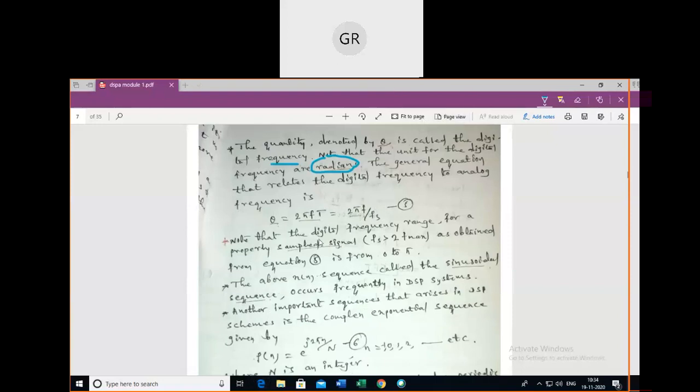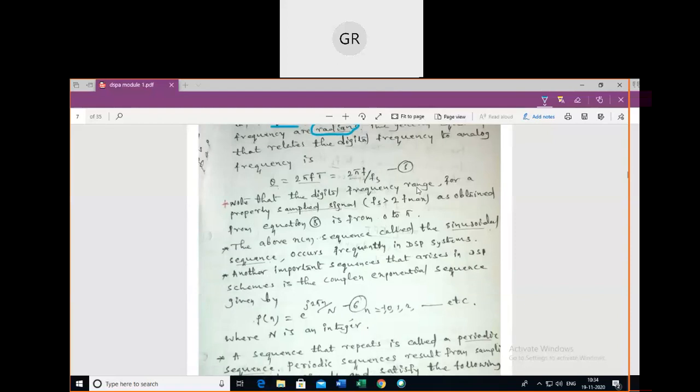Note that the digital frequency range for a properly sampled signal as obtained from equation number 5 is from 0 to pi. This theta is 0 to pi.